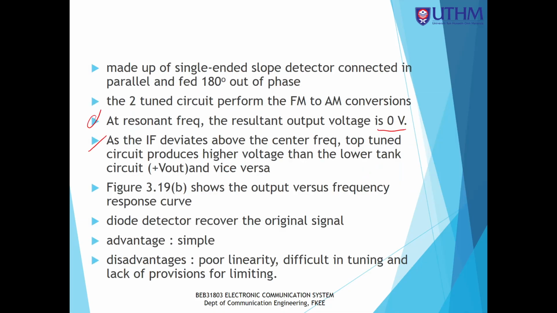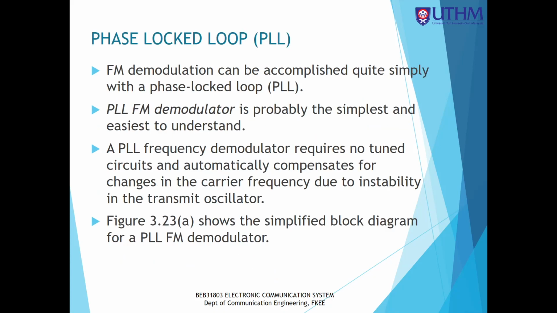So there are advantages and also disadvantages of this detector circuit or demodulator circuit. And we move to the third demodulator circuit, which is what we call the phase lock loop, PLL.